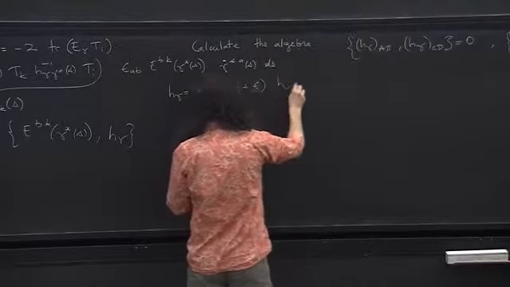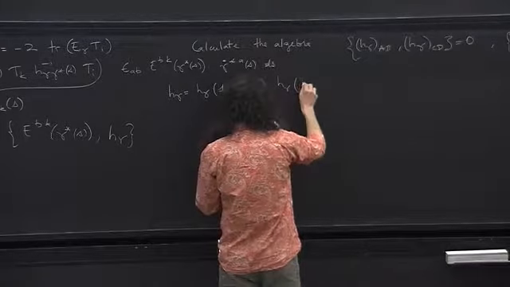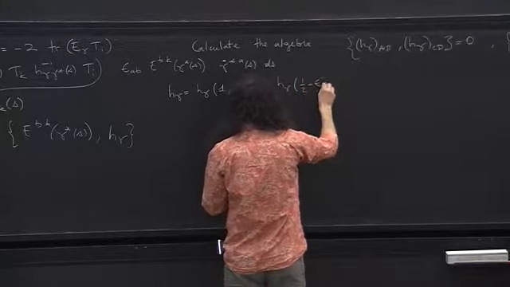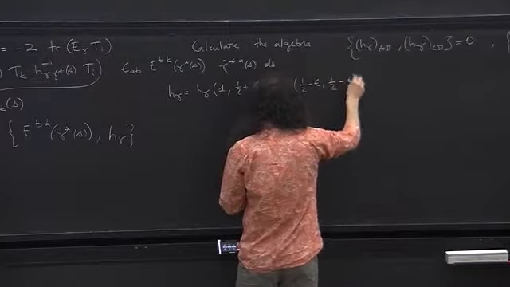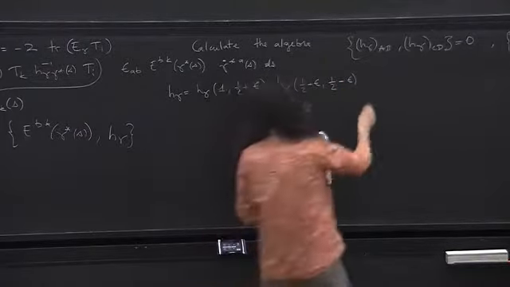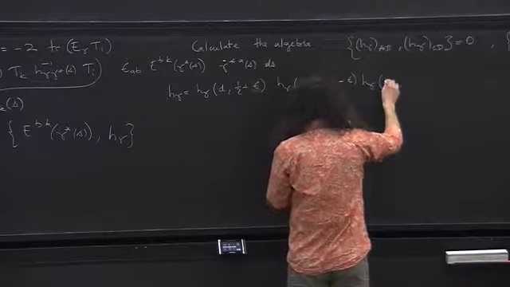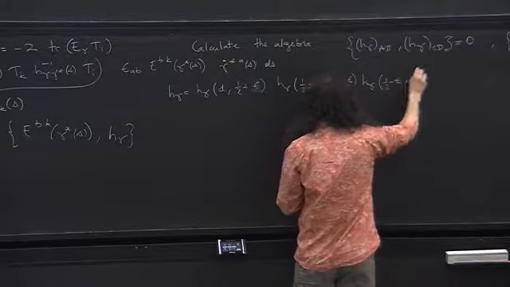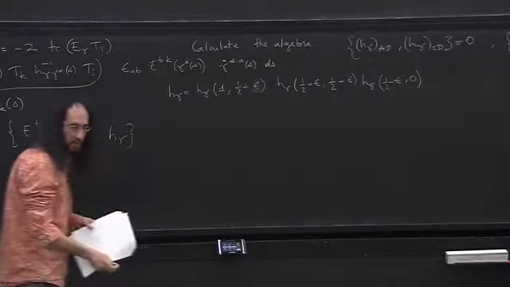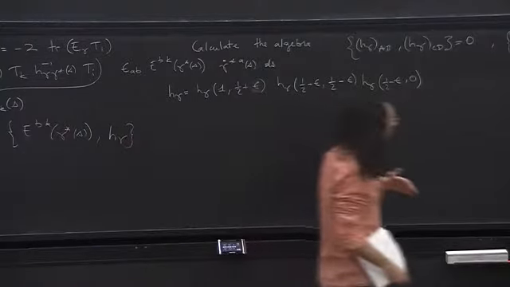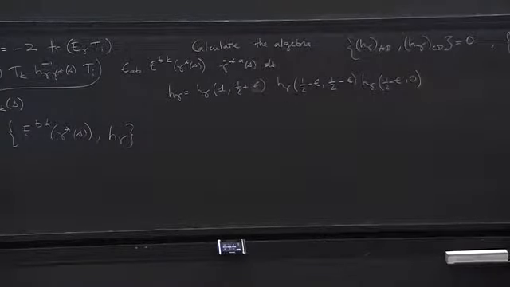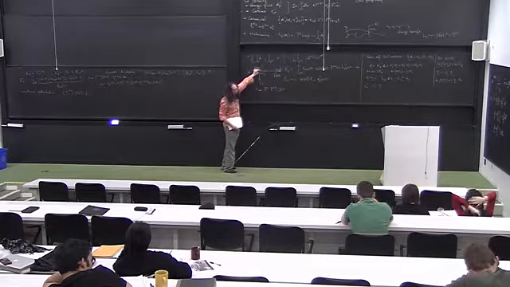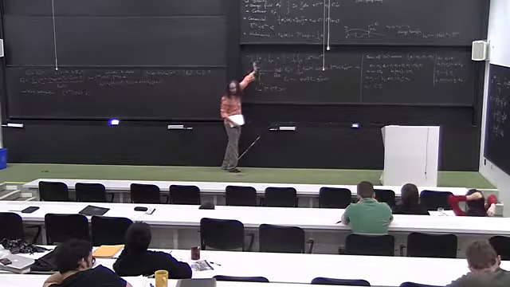Then H gamma from 1/2 minus epsilon to 1/2 plus epsilon times H gamma from 0 to 1/2 minus epsilon. Okay, so I just decompose the holonomy. So I start from 0, then I go to 1/2 minus epsilon. Then I write a small holonomy between 1/2 minus epsilon and 1/2 plus epsilon, and then the remaining up to 1.